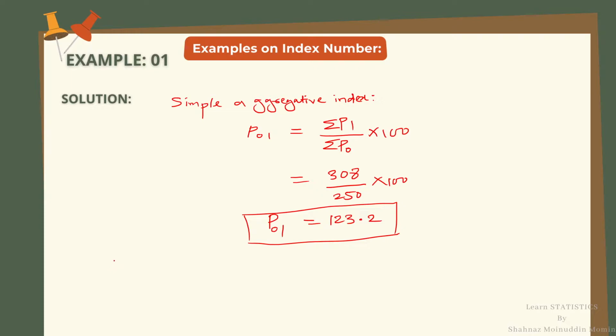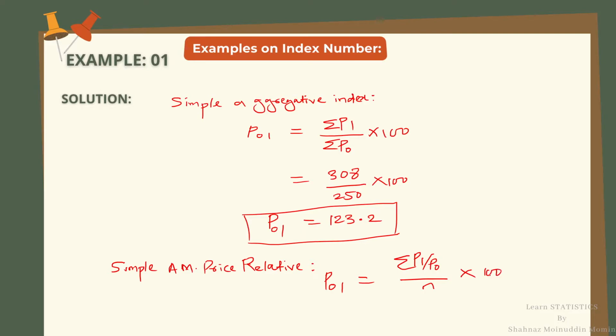Now next is simple arithmetic mean of price relative. This is given by P01 is equal to summation P1 by P0 divided by n into 100.